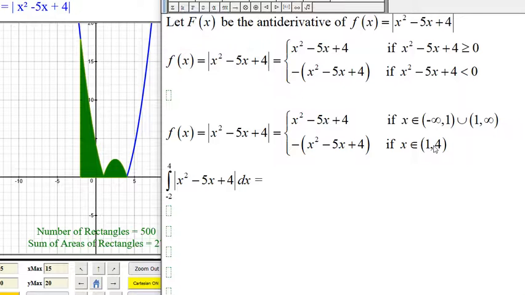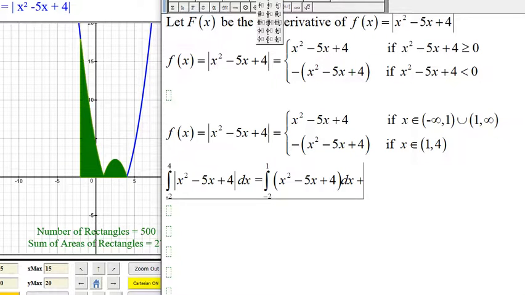Is it in this interval, or is it in these intervals? And so -2 to 1 is in this interval, and therefore we will use this for f of x. And so this will be the integral from -2 to 1, and then the function will be this.